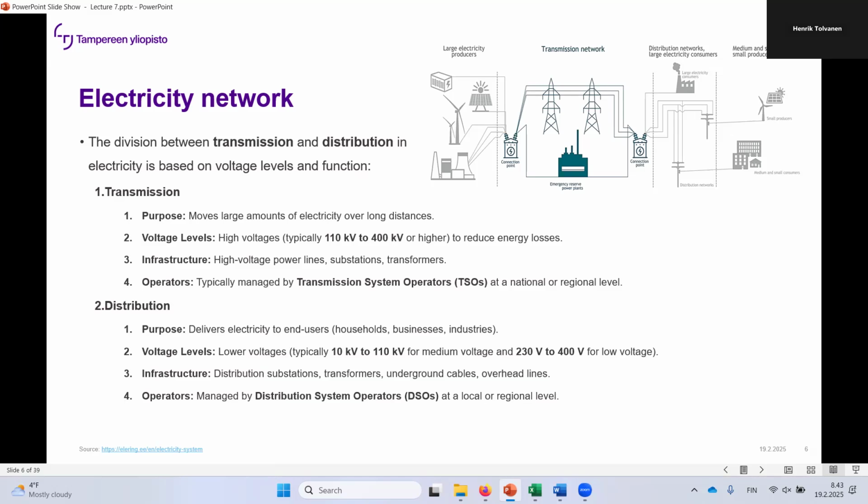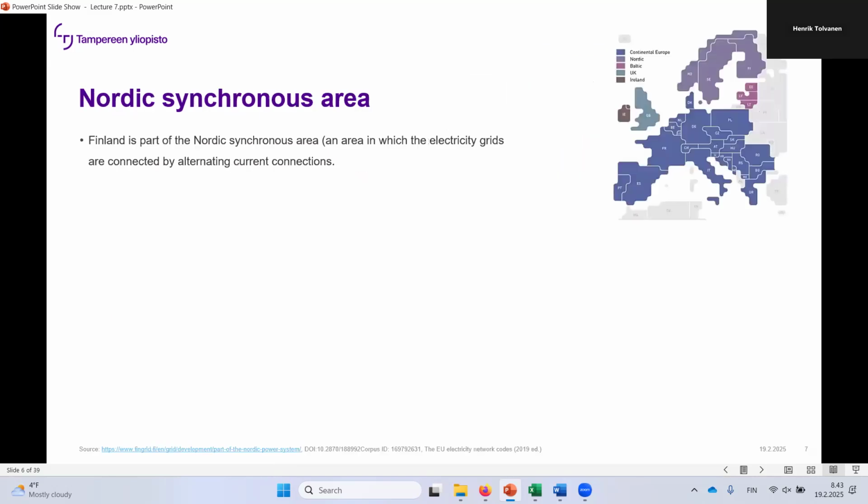The distribution network delivers electricity to end users, so voltage levels are much lower. Distribution substations, transformers, underground cables, and overhead lines are utilized, and this is managed by distribution system operators. Fingrid is pretty much the one operating the transmission lines.